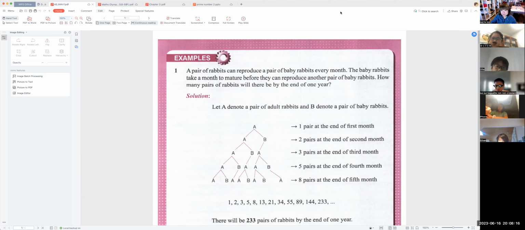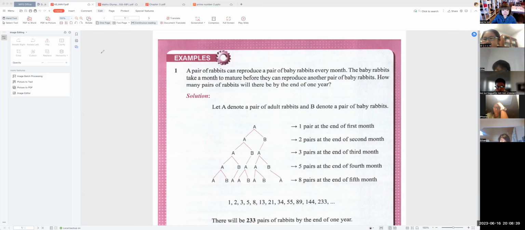Okay, everybody, let's take a look at this one. Every month, if you have a pair of rabbits, they will give birth to a pair of baby rabbits. And the baby rabbits take a month to mature before they can reproduce another pair of baby rabbits.